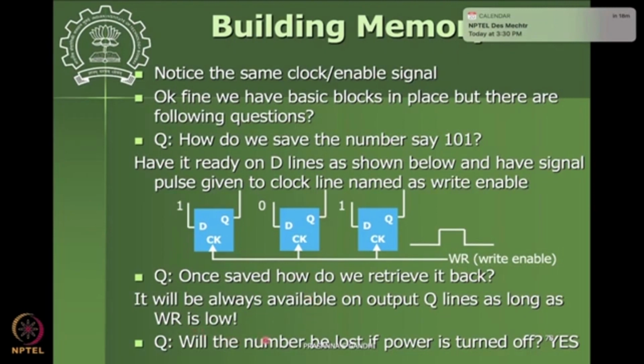If you turn off the power that is given to these D flip-flops, the memory will be lost. We will not have the same number available when the power comes back. So this is a kind of memory that is not able to hold the value when the power goes off.